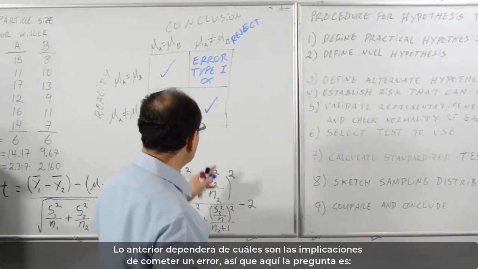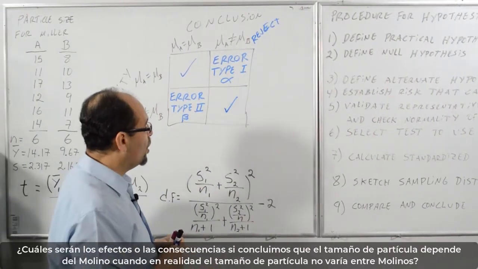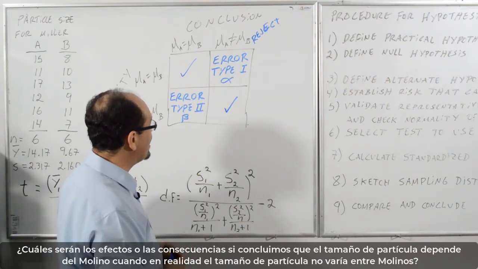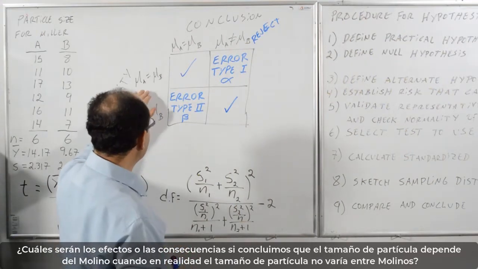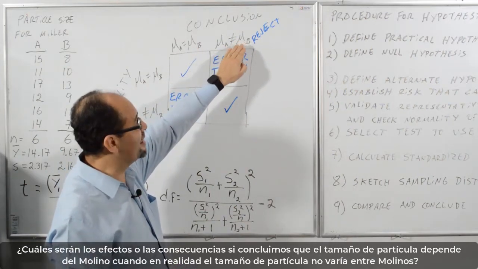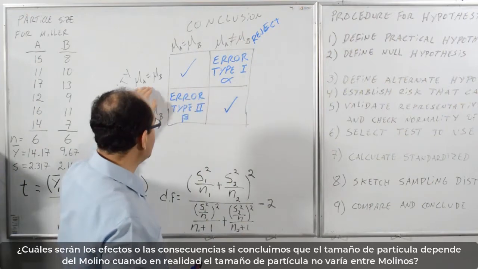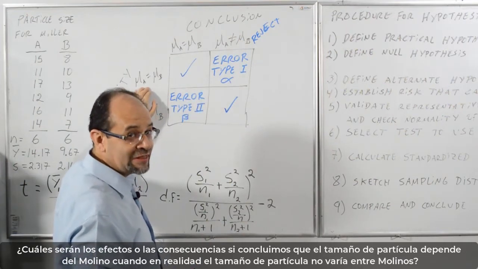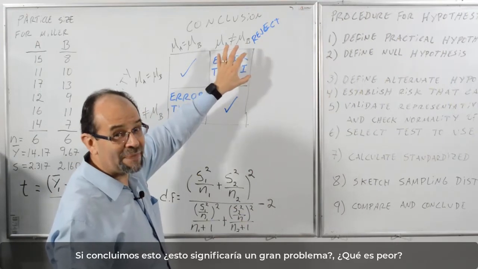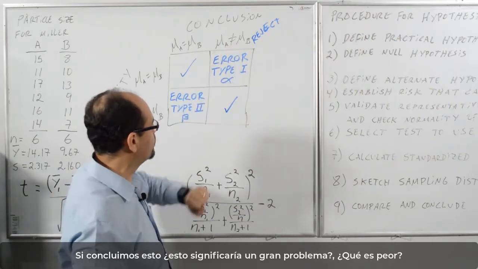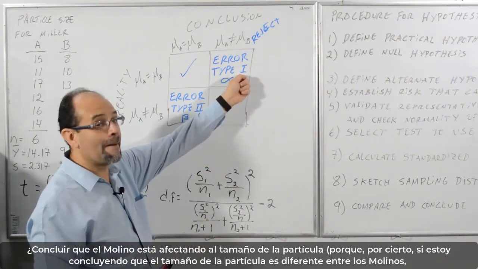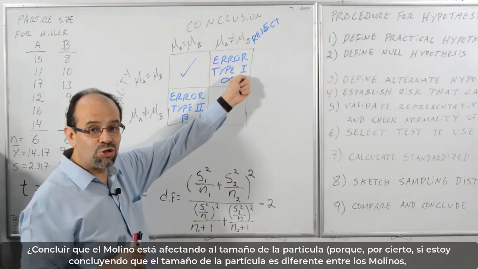So here the question is, what will be the effect, or what will be the consequences, if we conclude that the Miller is different when in reality the particle size is not different depending on the Miller? Is that a big issue, or is that not a big issue? What is worse? Is it worse to conclude that the Miller is affecting the particle size?